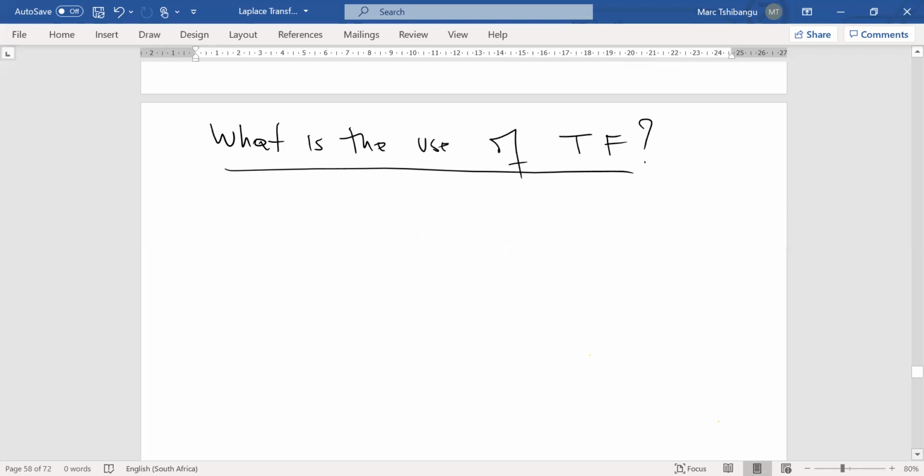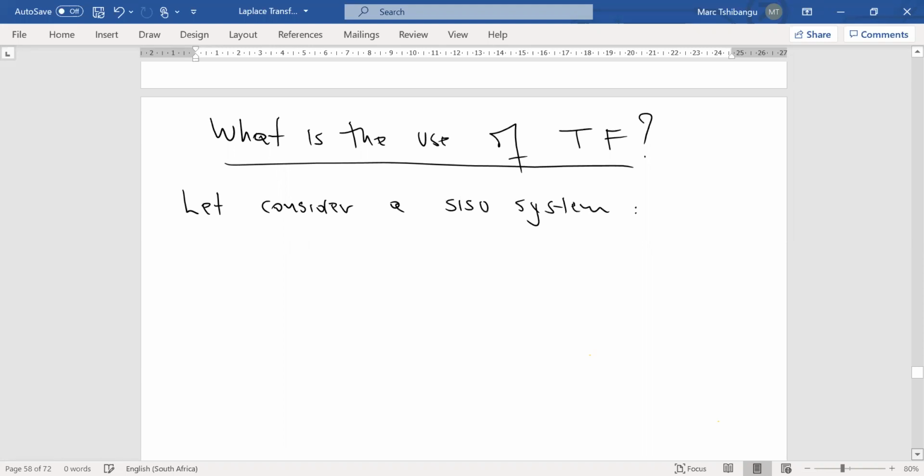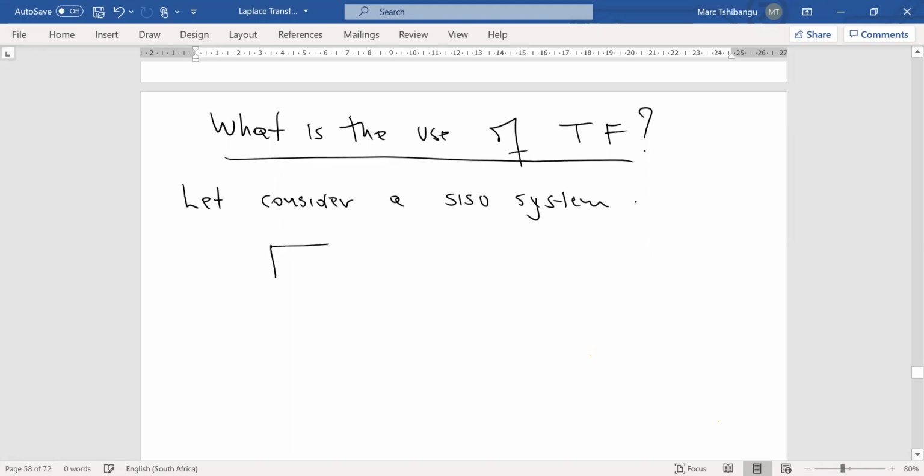All right, let's consider a seesaw system. So this is the representation of the process.